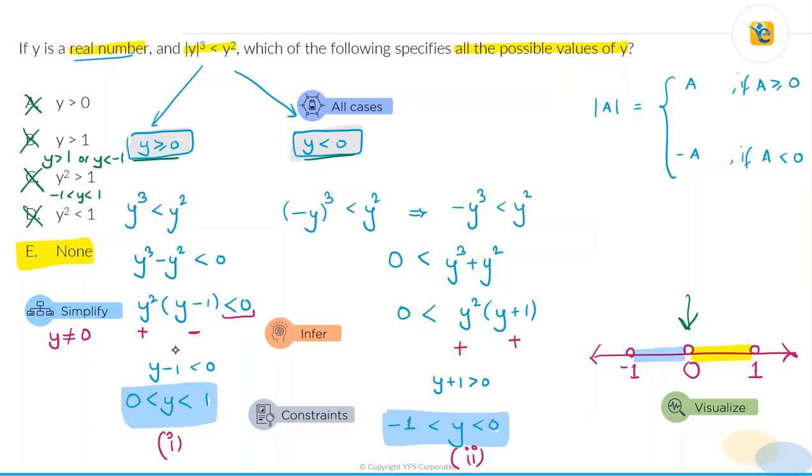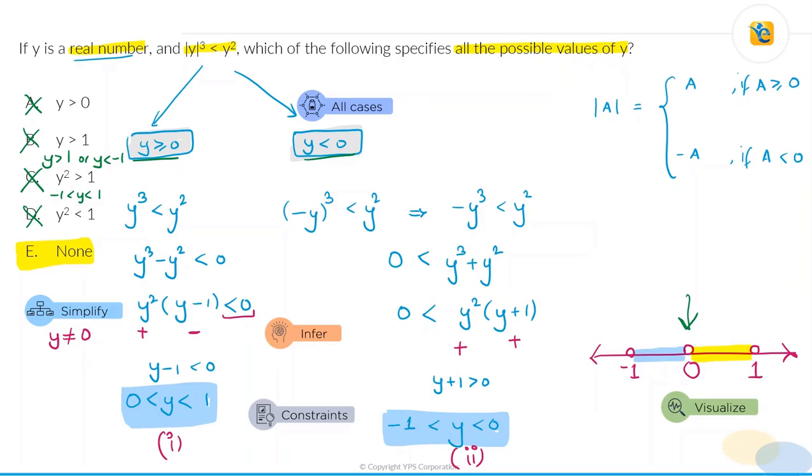Then finally, whatever solutions we got here, we combined them with the constraints we had, because we had a certain range that we were working on. That gave us the complete solution, which we visualized on a number line. And this number line then helped us properly and quickly eliminate the incorrect choices, leaving us with the correct answer.